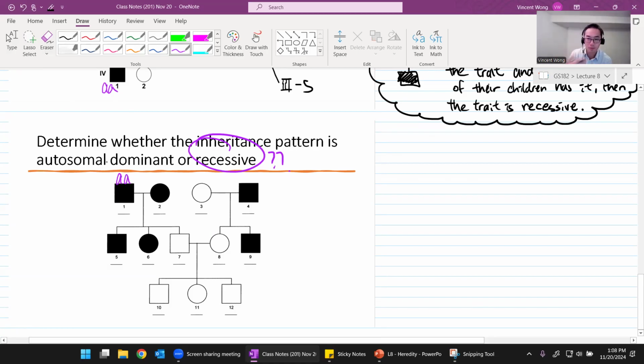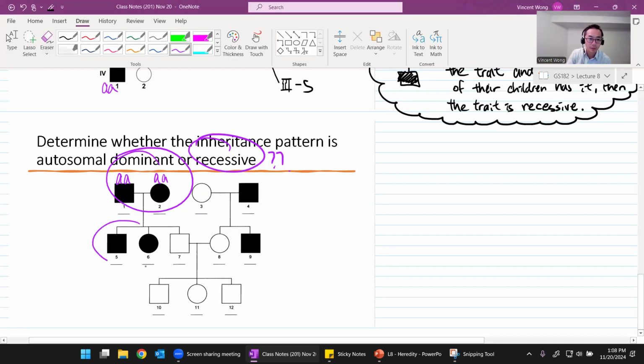That's the only way to express the recessive trait, to have both of the alleles. That means the mother here is also small a, small a. Now, if the father is small a and the mother is small a, then what can you say about the whole family? The whole family should be 100% small a, right?